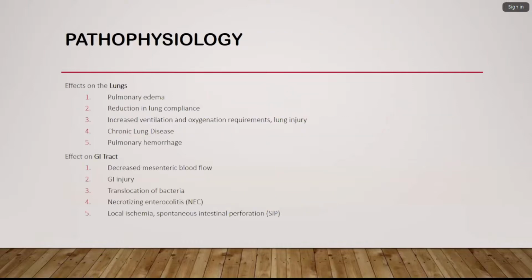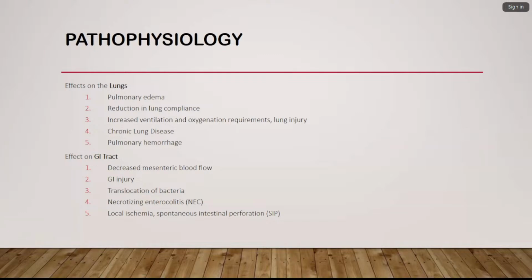So pathophysiology, which affects particular organs. The most common is the lungs, which causes pulmonary edema, reduction in lung compliance, increased ventilation and oxygen requirements, that causes chronic lung disease and pulmonary hemorrhage.